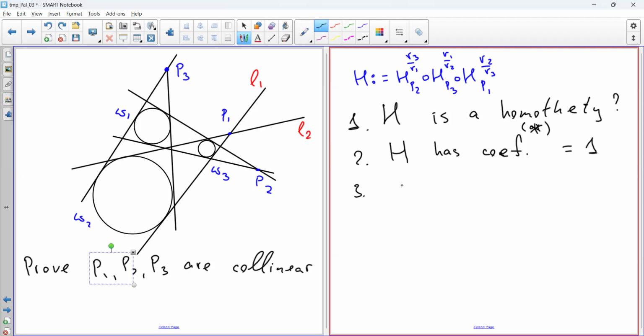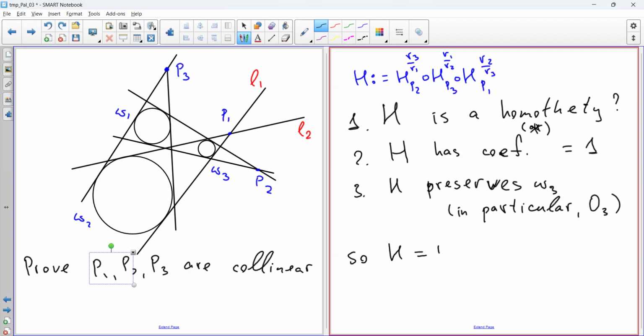And third, H preserves omega-3, in particular the center. So these are three properties to show, which would show that this is a homothety.